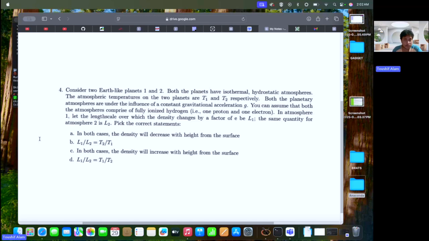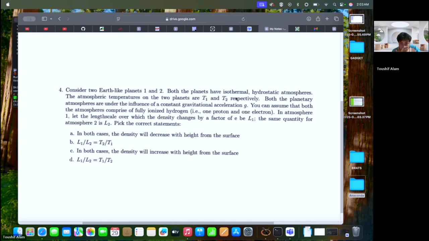From here we'll move a little faster. Option A says in both cases the density will decrease with the height from the surface. Imagine the scenario that the two planets are Earth-like planets, and the atmospheres are the same, isothermal, in hydrostatic equilibrium, but the temperatures are different.